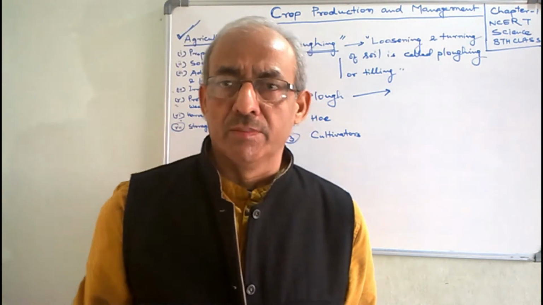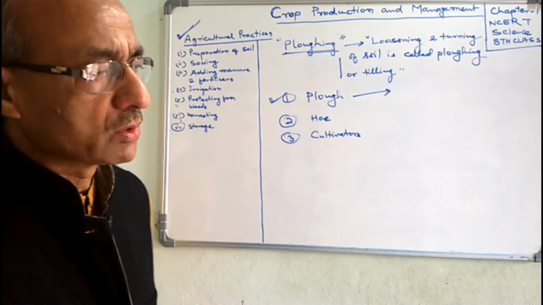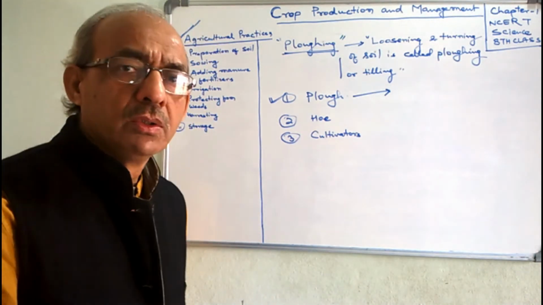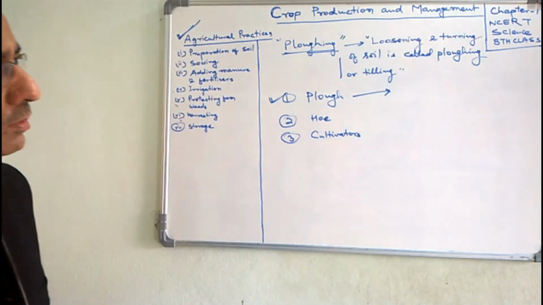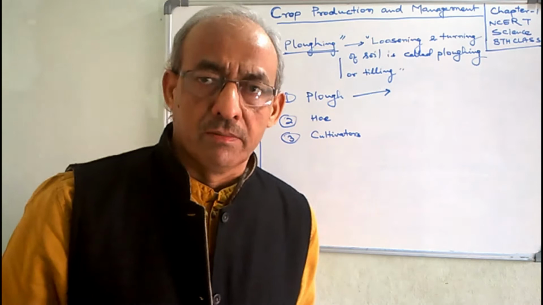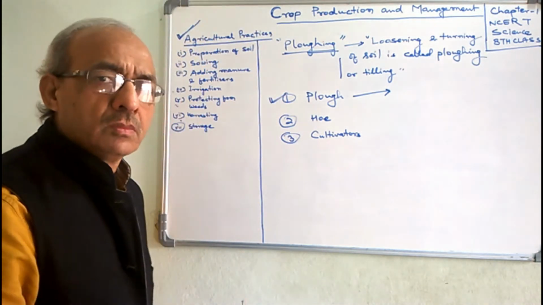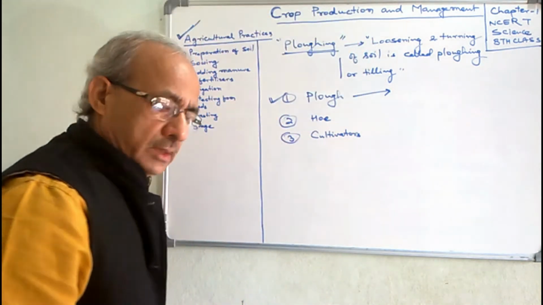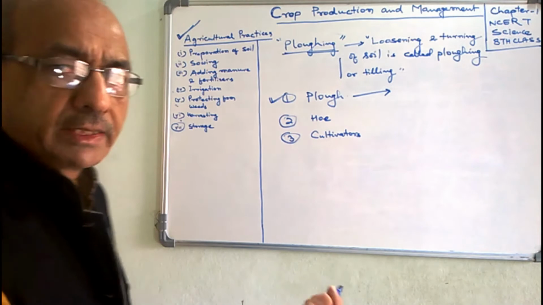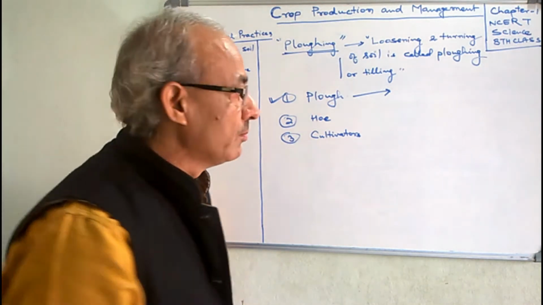From ancient time, the farmers of our country are using the plough to loosen or turn the soil. That means they prepare the soil for future crop. Here we will draw the diagram of the traditional plough.